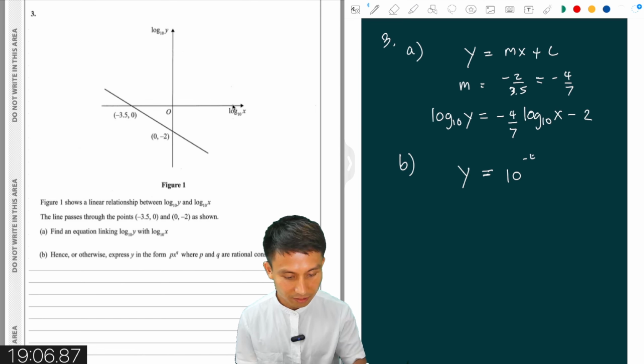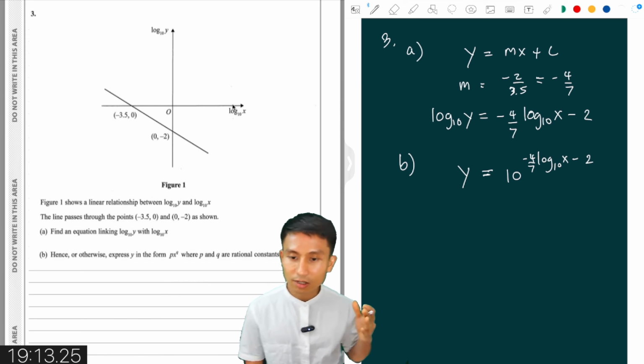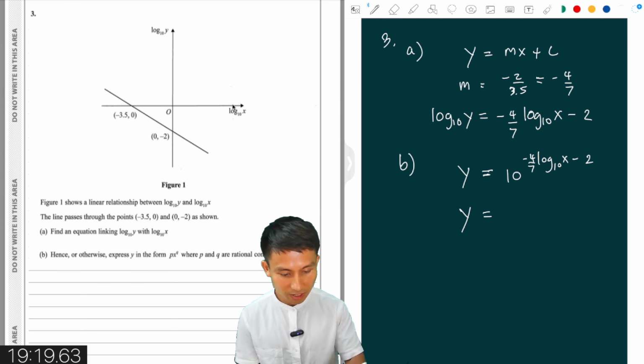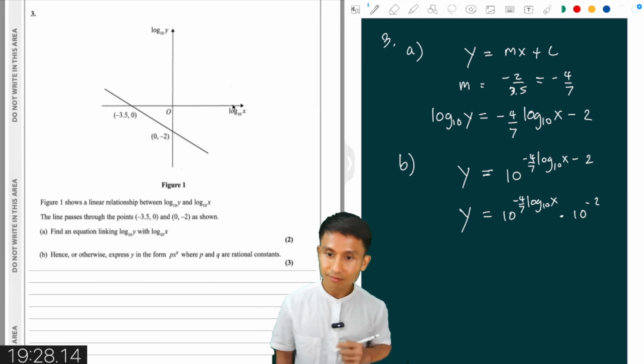I'm just going to write it first. Now we can use the law of indices to split the power, right? So this is 10 to the minus 4 over 7 log 10x times 10 to the minus 2. Like that.